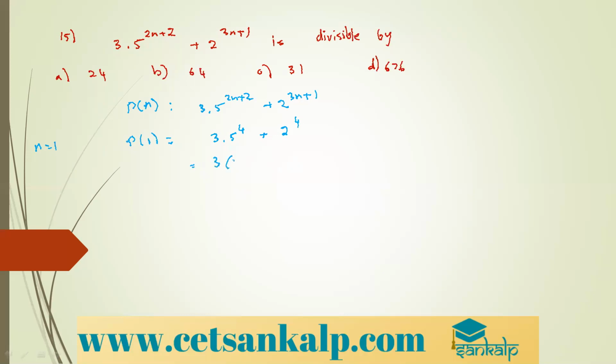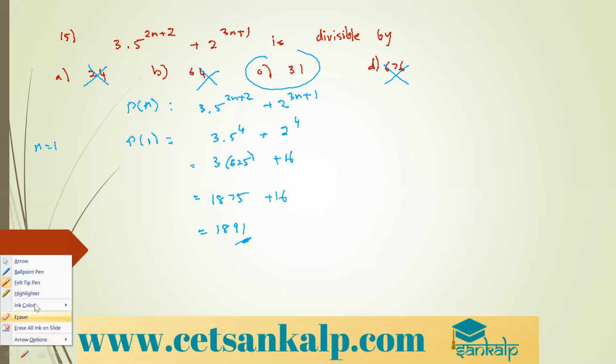That is 3 into 625 plus 16. And that will be 1875 plus 16. That is equal to 1891. Obviously, it can't be divisible by 24, 64, and 676. So it has to be divisible by 31 because all these are even numbers. At the end, you can't have odd number 1.